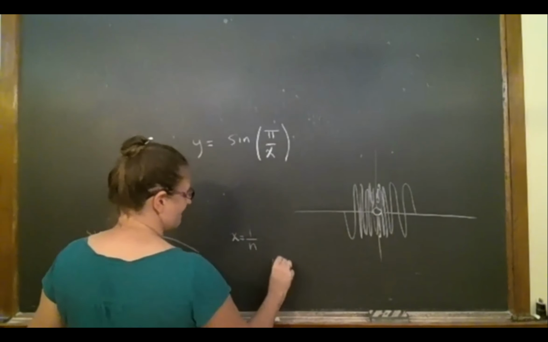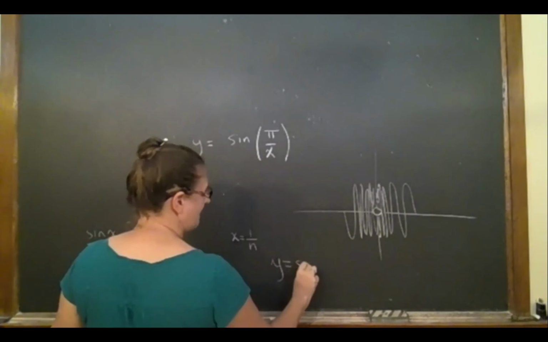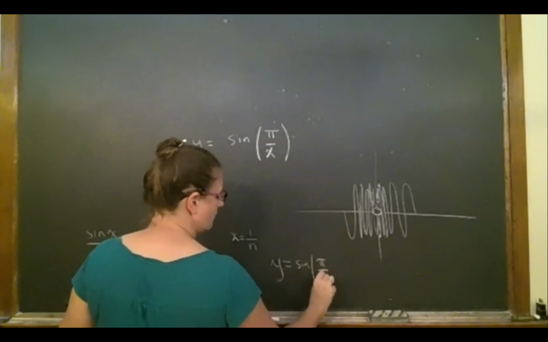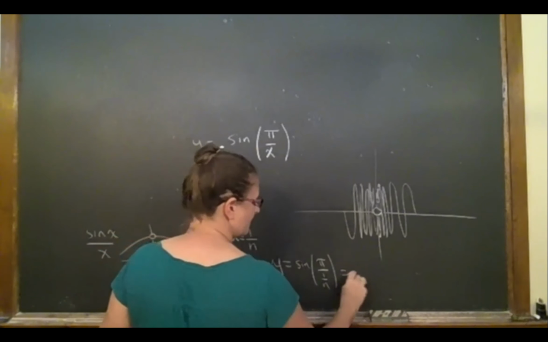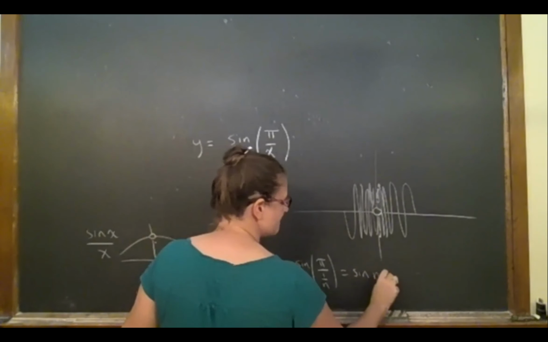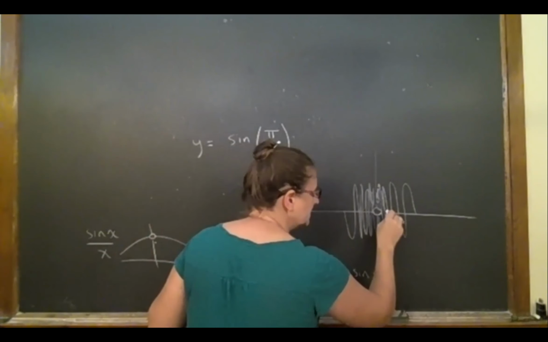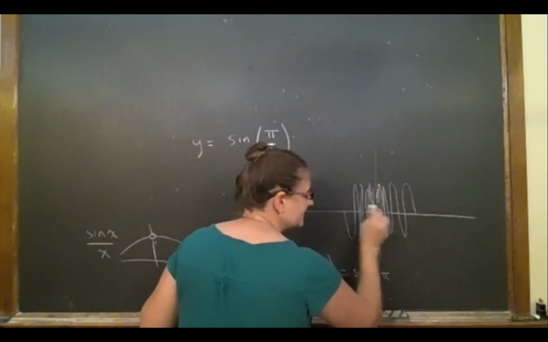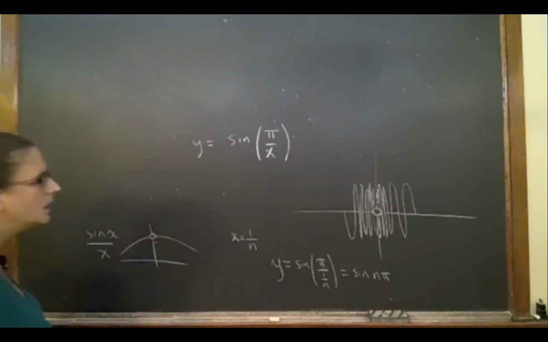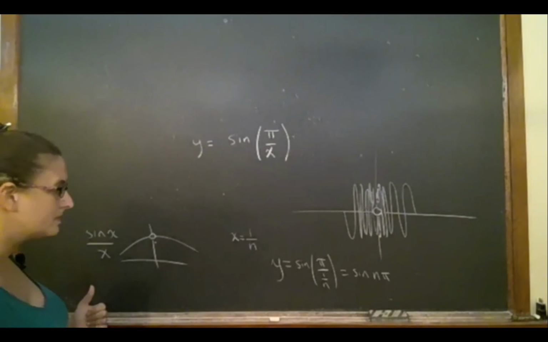I'm going to have y equals sine of pi over 1 over n. That's sine of n pi, so that's all of these guys where it's hitting 0, fine.